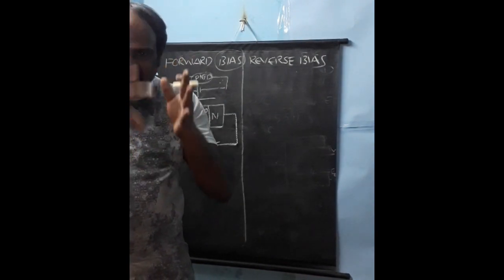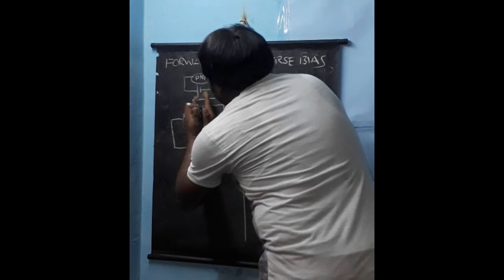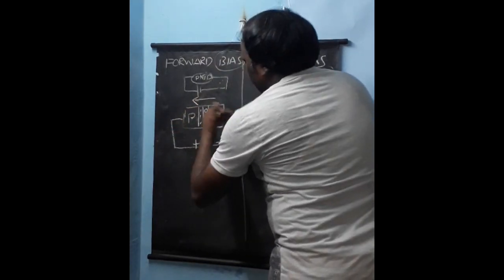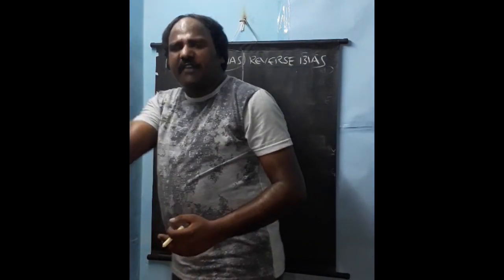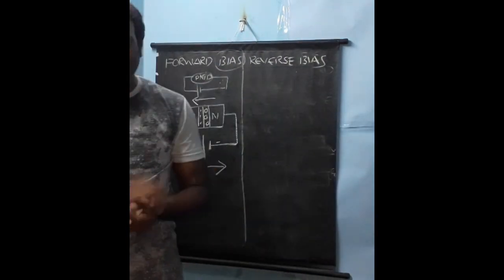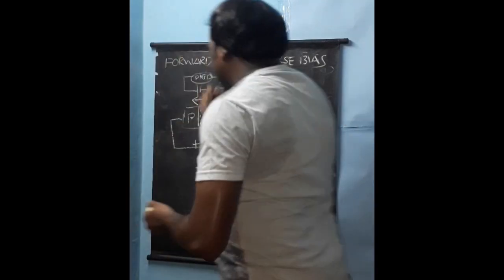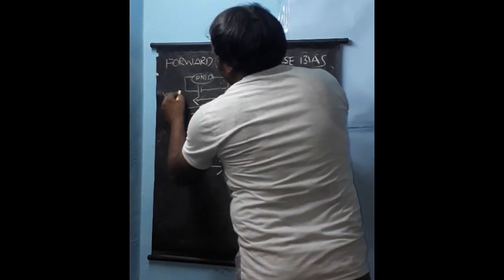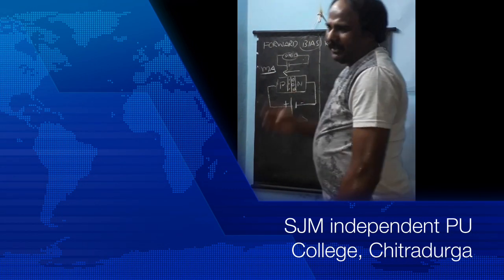If the potential barrier decreases, automatically the charge carriers will move towards each side and flow of current takes place. In case of forward bias, the current is measured in milliamperes.